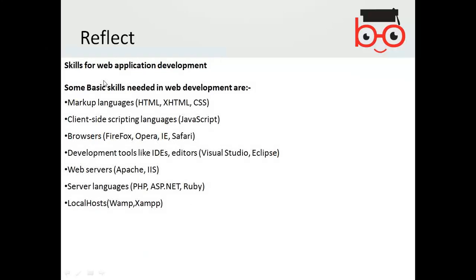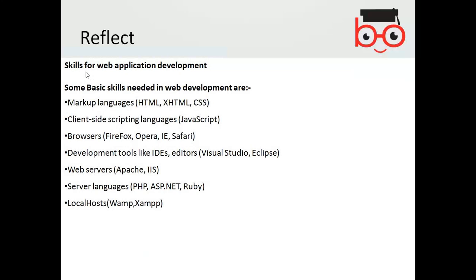And the next topic is skills for web development applications. They might include the markup languages. It's not only HTML, but XHTML, CSS. The markup languages are most important for you. Client-side scripting, which includes JavaScript.